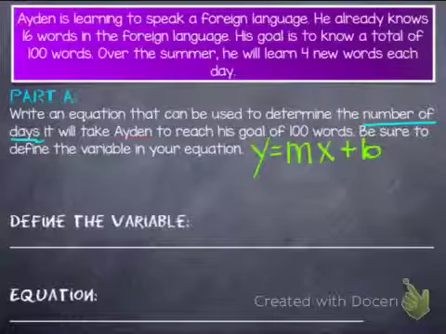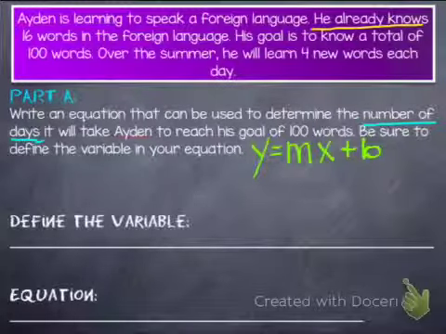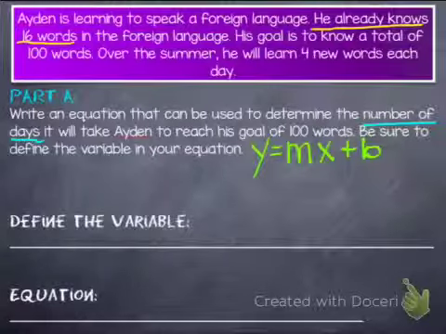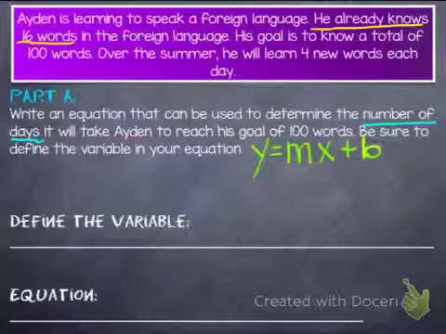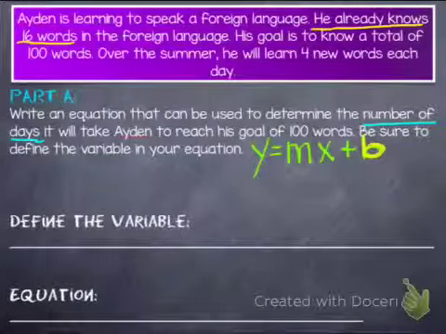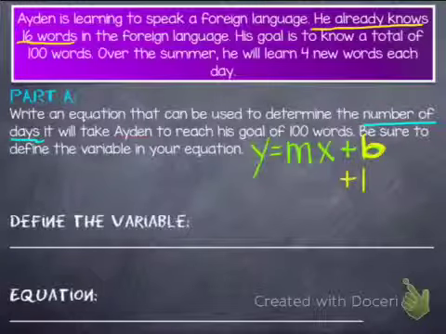And then we also have a couple of other constants. So up in the top, he already knows 16 words. So this is a number that's not going to change. And I'll tell you right now that the number that's not going to change is actually going to be our intercept. So this is going to be our plus 16.